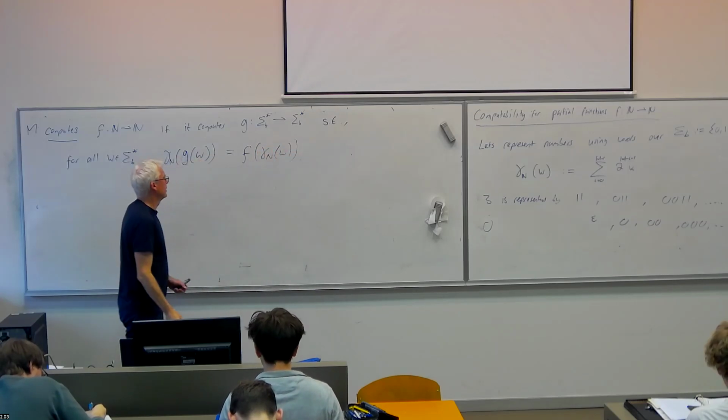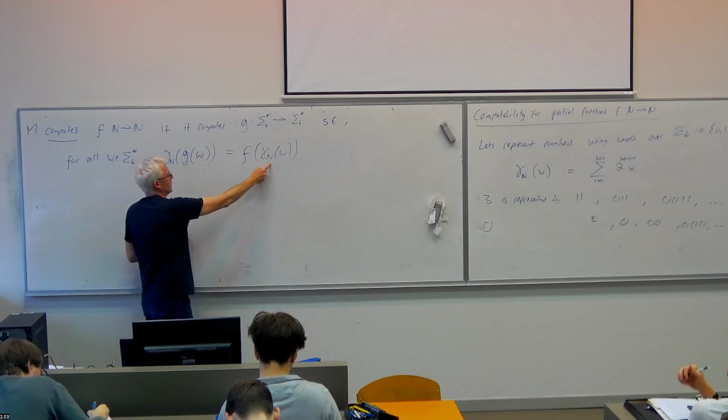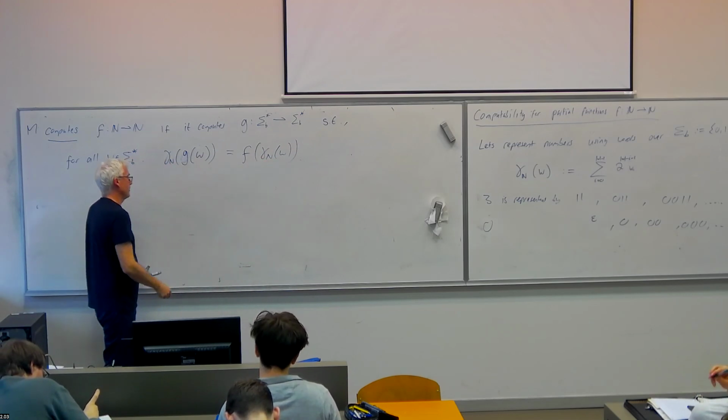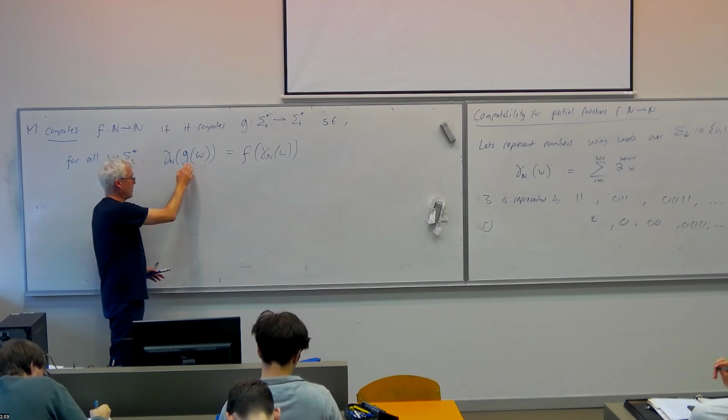Okay, so it's f applied to the number that w represents. g computes a representation for that number.